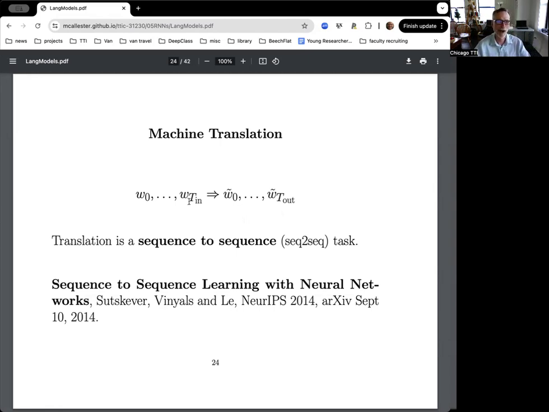But let's consider the problem of machine translation. So I've got some English coming in, and I've got some Japanese coming out. And in the original paper, it was English to French, or French to English. In Ilya Sutskever's original paper, there was an RNN that computed a thought vector for the input sentence.